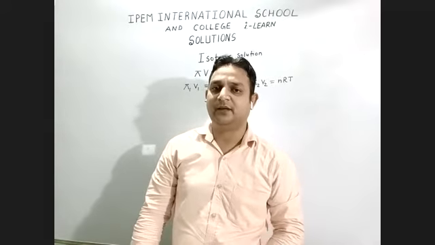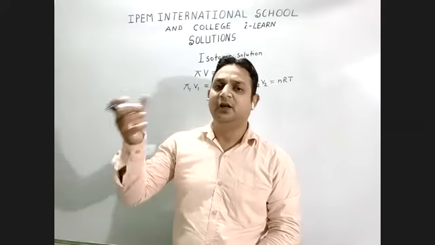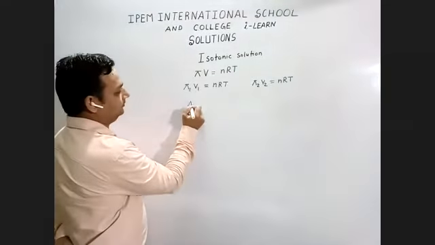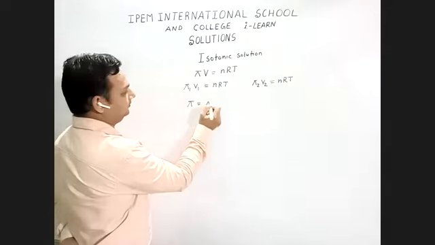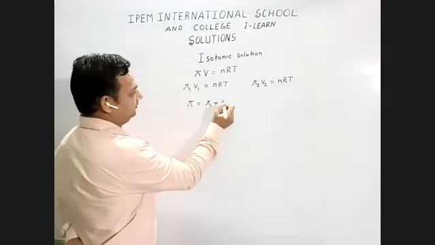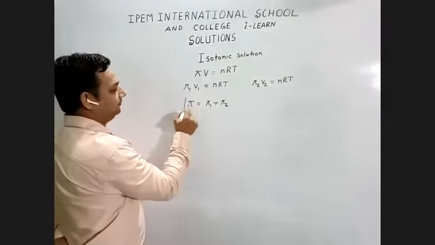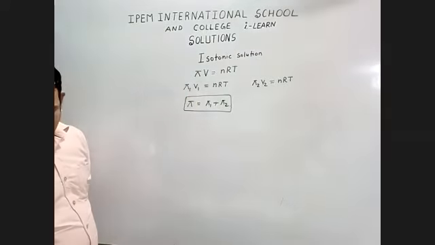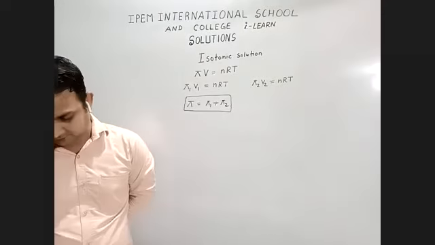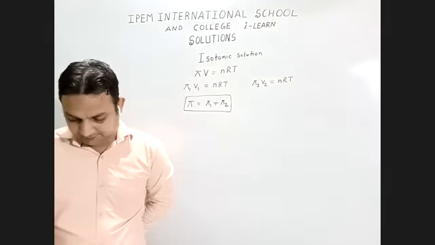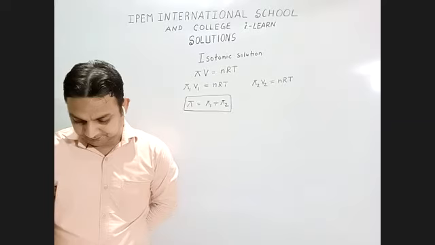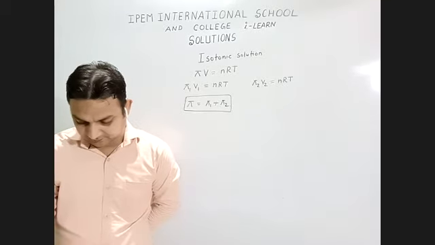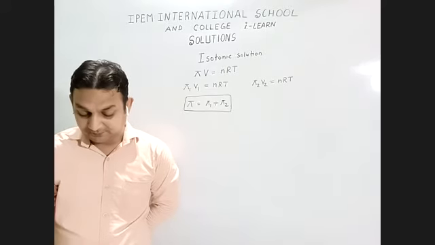If we have to find the total osmotic pressure for an isotonic solution, we have to find both osmotic pressures.